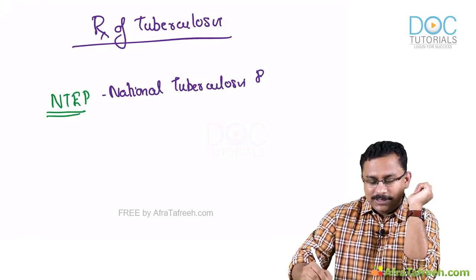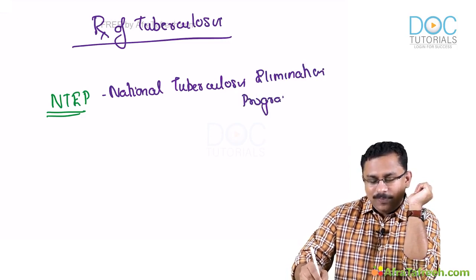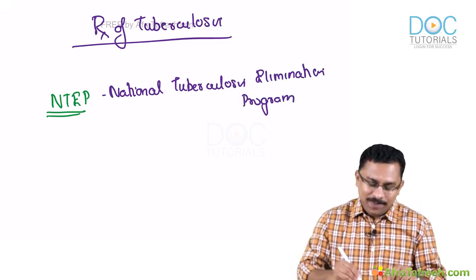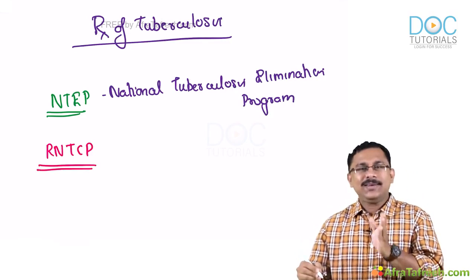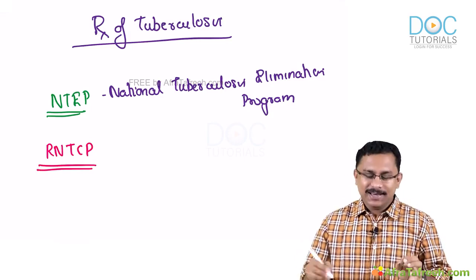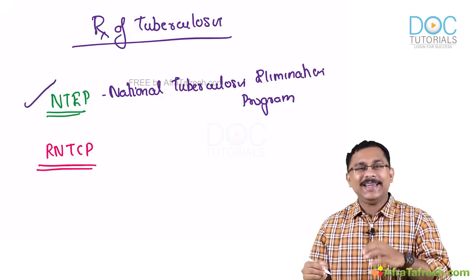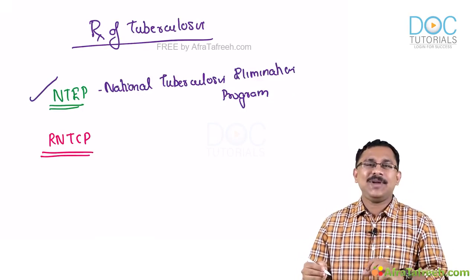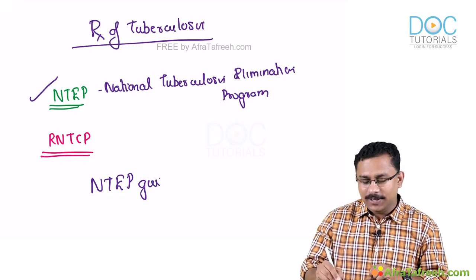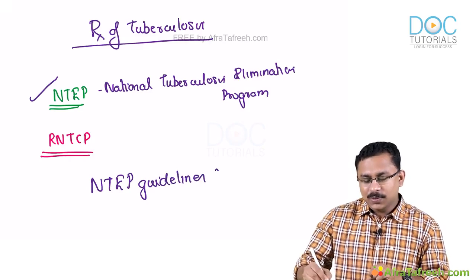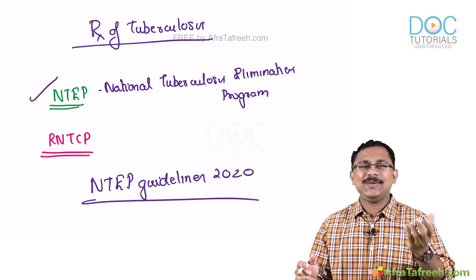Previously we had the RNTCP, Revised National Tuberculosis Control Program, but now the term RNTCP has been replaced. Now we just have the NTEP terminology. So the guidelines that we are going to follow for the treatment of tuberculosis are your NTEP guidelines of 2020. A lot of changes have happened in the guidelines compared to the RNTCP guidelines for the treatment.